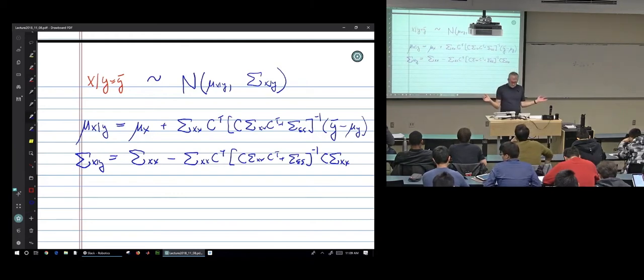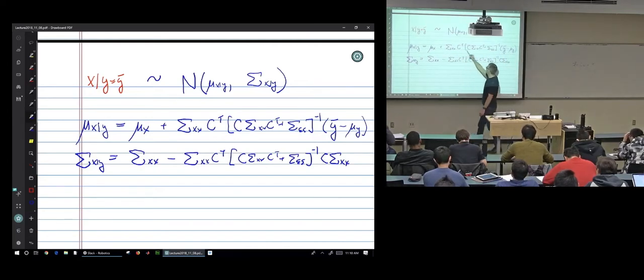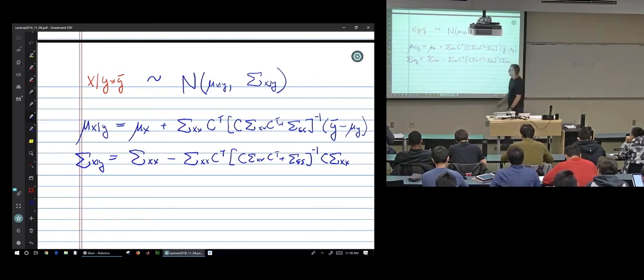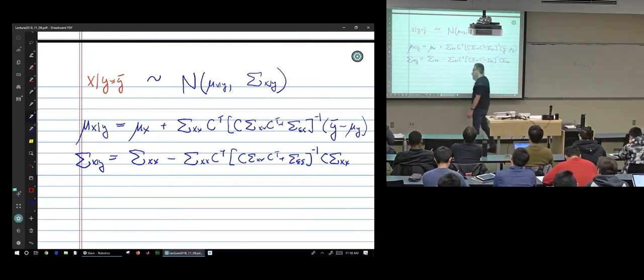So that's the minimum variance estimator. Our solution, this was 0, and this is K times y. This is P C transpose, C P C transpose plus Q, times y. And then this was the covariance of the estimate.